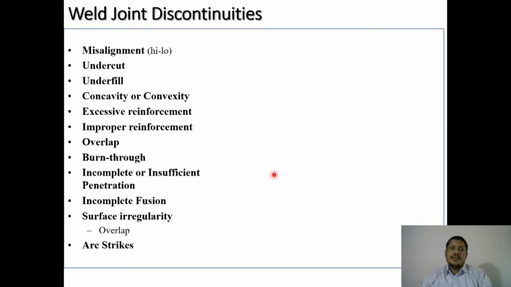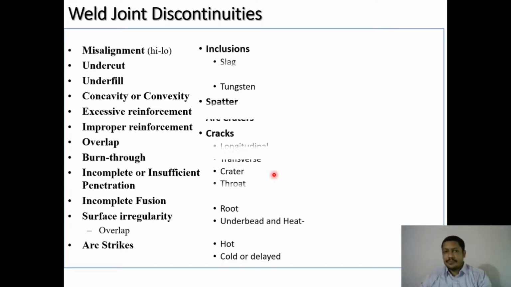The first or major types will be misalignment, undercut, underfill, concavity or convexity, excessive reinforcement, improper reinforcement, overlap, burn through, incomplete or insufficient penetration, incomplete fusion, surface irregularities such as overlap, arc strikes, inclusions, which can be slag inclusions, wagon tracks, or tungsten.